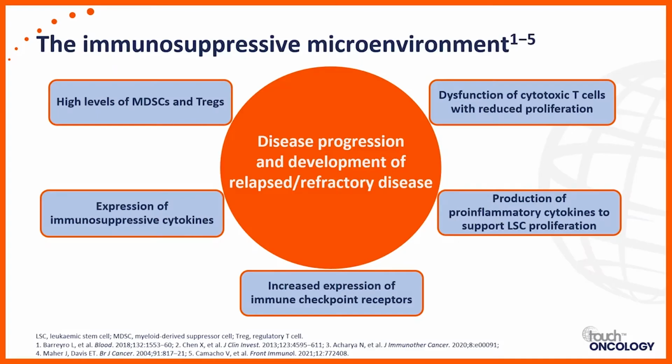There are plenty of reports that it's not only a single cell being involved into this perturbation. We have evidence that during disease progression from MDS, numbers of immunosuppressant cells like myeloid-derived suppressor cells, MDSCs, or regulatory T cells actually increase.